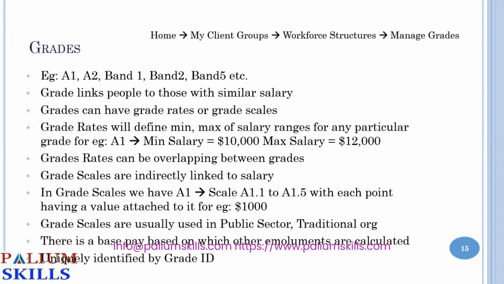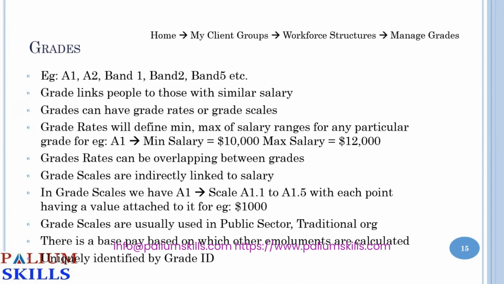What it basically means is there is a base pay based on which other benefits like HRA, transport, or retirement benefits, all those will be calculated, and there will be an annual increment which will keep increasing every year.